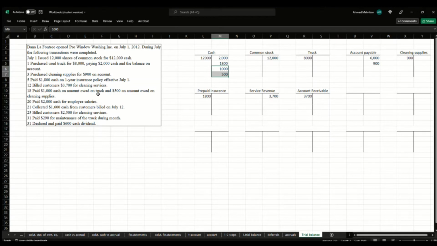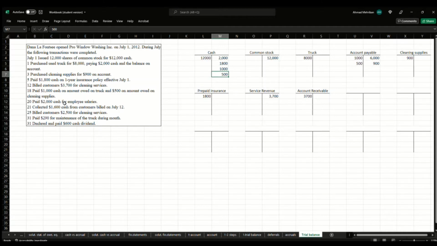Where do we record our liability? It is accounts payable. So 1,000 we reduce our liability because we paid it. And the second time we reduce it by 500 because we paid for the cleaning supplies separately. So that's it. We reduced our liability by entering to the debit side and cash through the credit side.